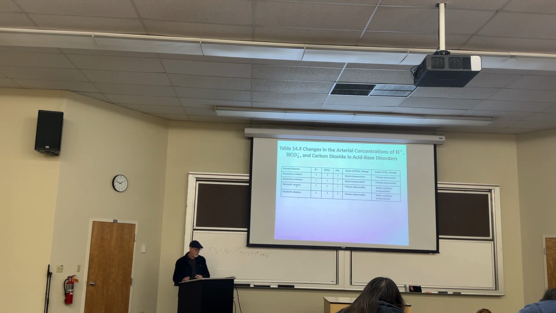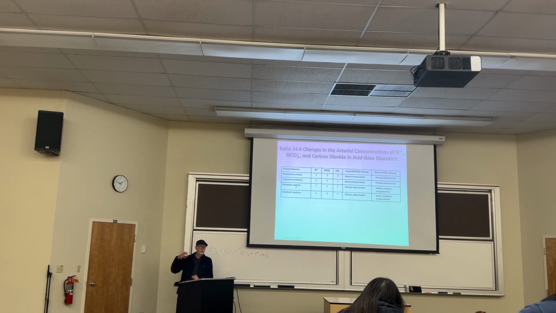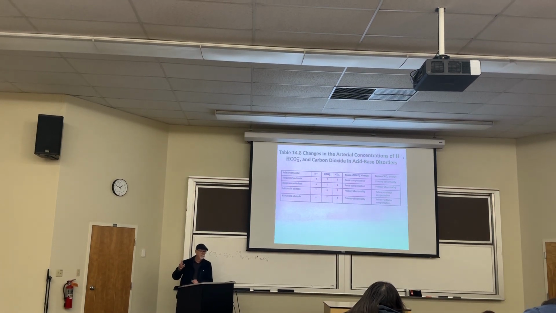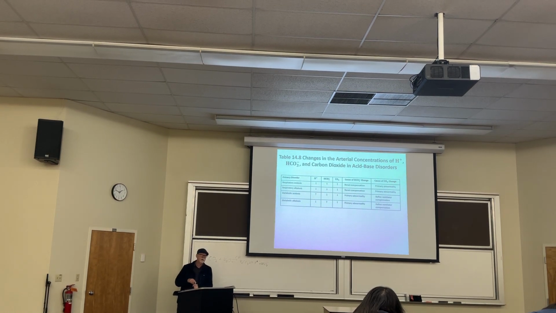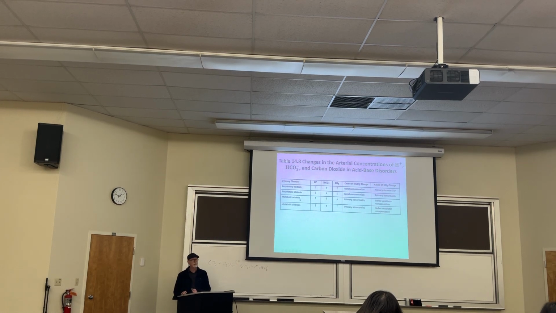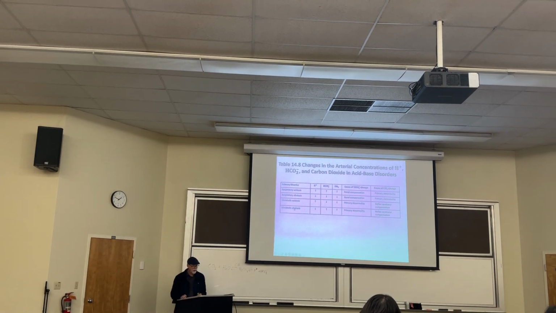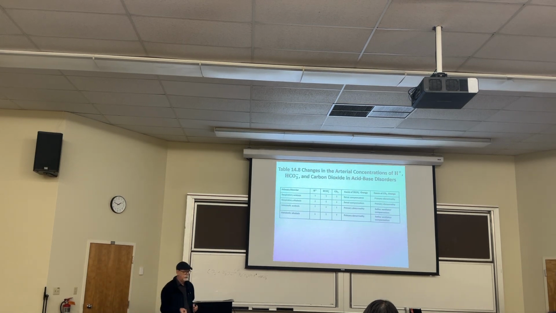So for instance, if we had metabolic acidosis, we would want to increase the breathing rate. We would want to increase hydrogen ion secretion and bicarbonate ion reabsorption to try to get us back into homeostasis. If we had metabolic alkalosis, we would want to decrease our breathing rate.